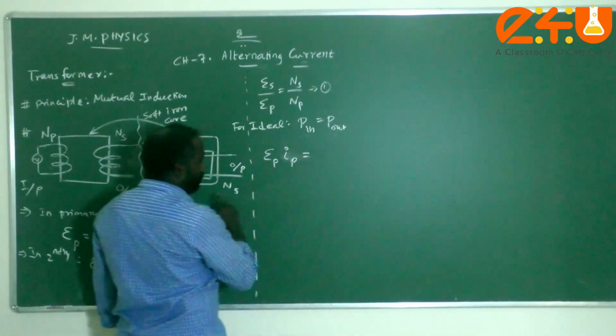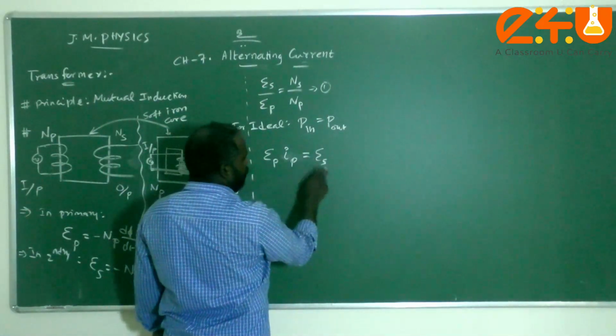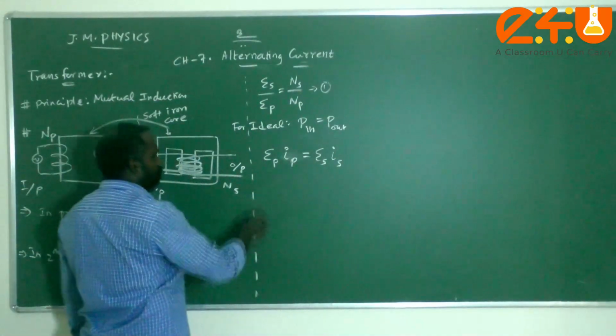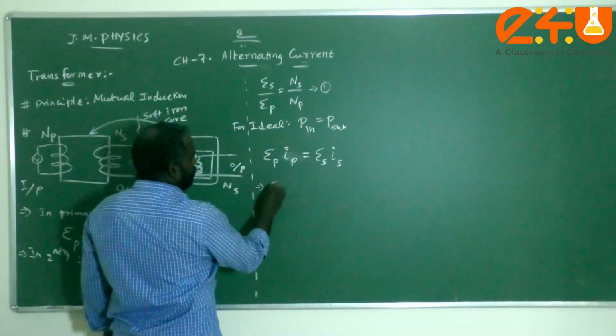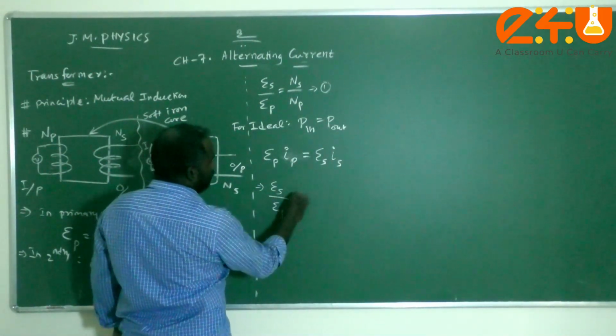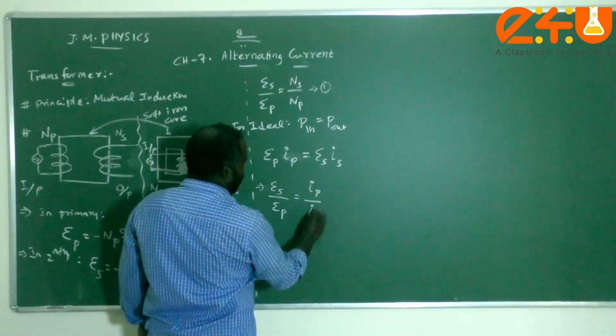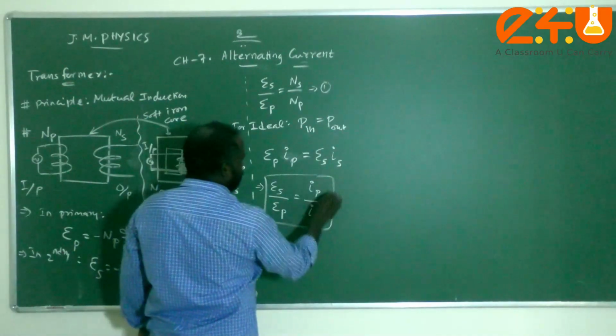The output part is the secondary, so ES into IS, secondary voltage and current. From this, I can say that ES by EP equals IP by IS. So this is another equation.